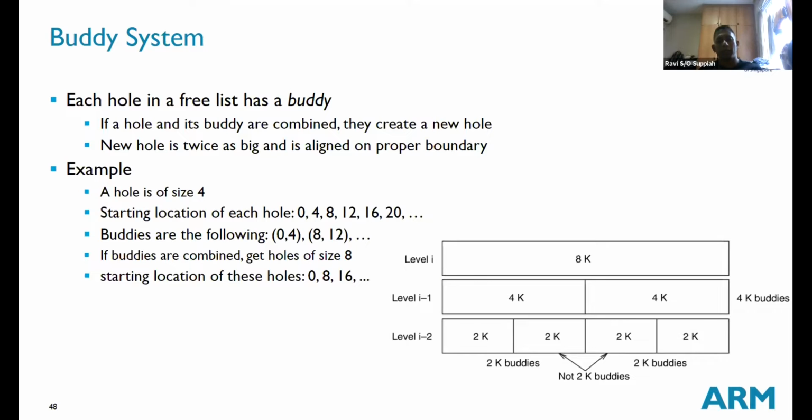The only thing is, I have to make sure that the buddies align to a proper boundary. The boundary must align to the earlier memory boundary. So these 2K blocks are not buddies, because if I merge them, they do not align to the memory boundary at the higher level. That allows you to create this memory hierarchy that is easier to manage.